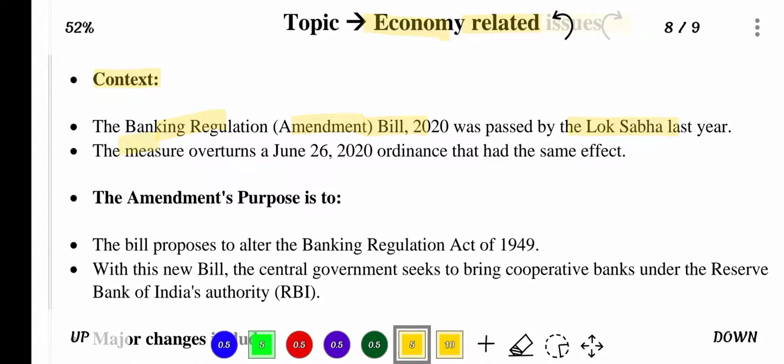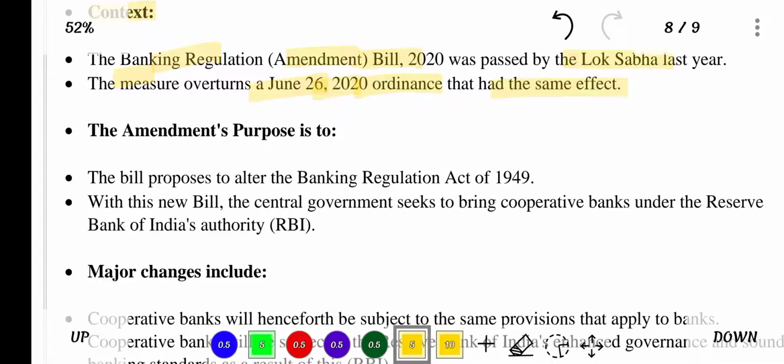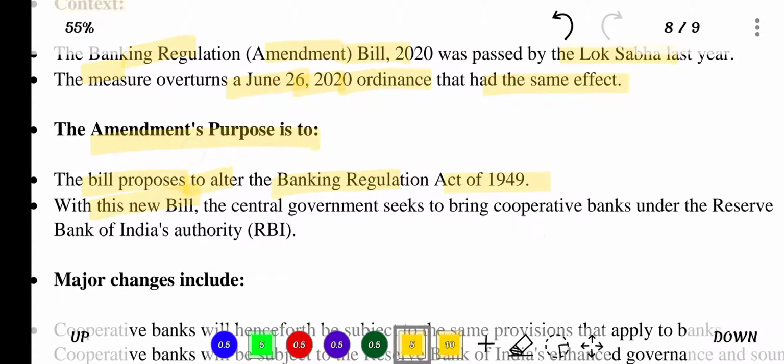The measure overturns a June 26, 2020 ordinance that had the same effect. The bill proposes to alter the Banking Regulation Act of 1949. With this new bill, the central government seeks to bring cooperative banks under the Reserve Bank of India's authority.